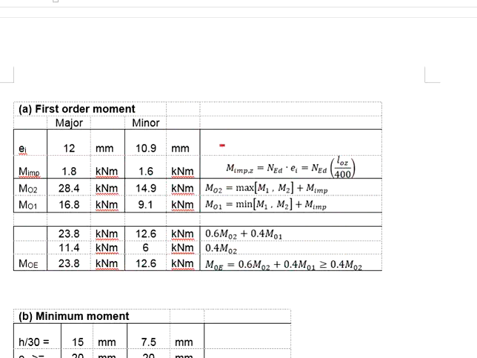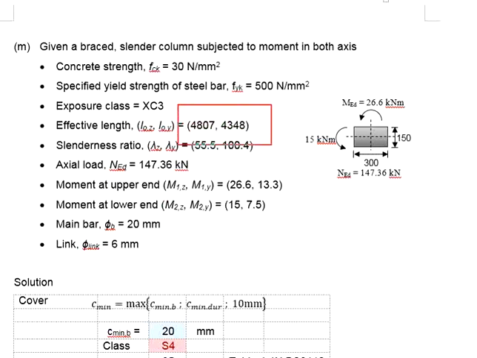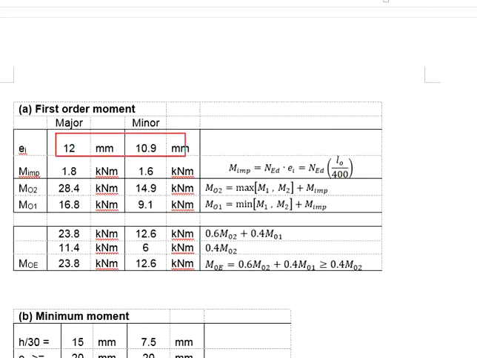First, determine the moment due to imperfections, which is calculated on the basis of the axial load multiplied by the eccentricity ei. Eccentricity ei is determined by the effective length divided by 400. The effective lengths for the major and the minor axis are given here. Having the effective length divided by 400, you get ei equals 12 mm and also 10.9 mm.